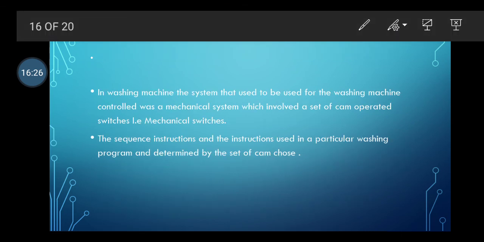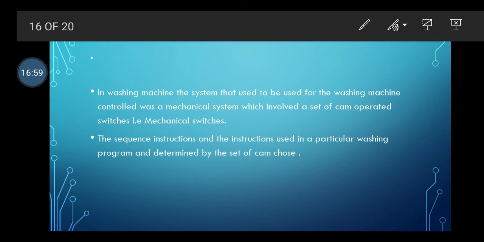Here in the washing machine, the system used for control was a mechanical system which involved a set of cam operated switches, that is, mechanical switches.